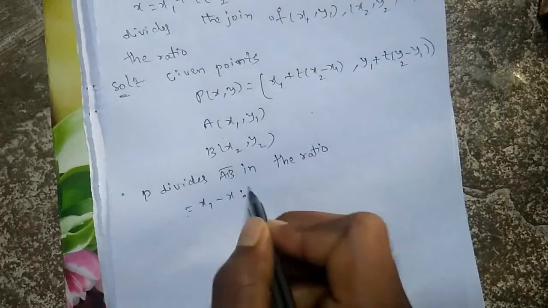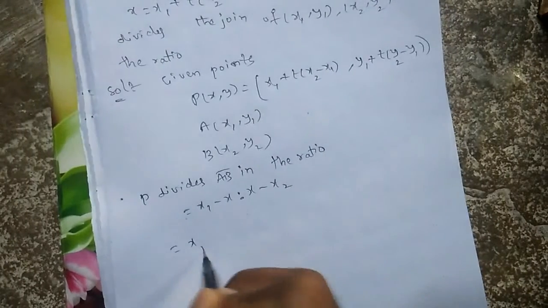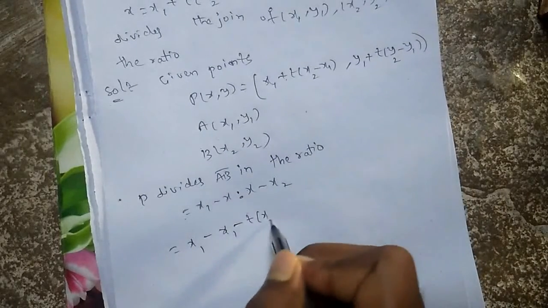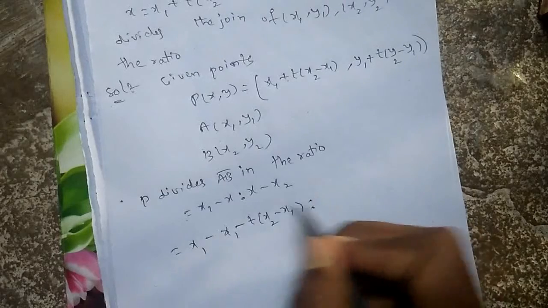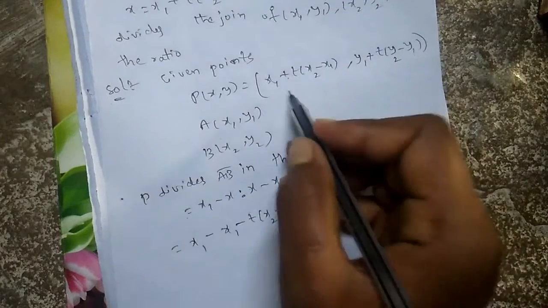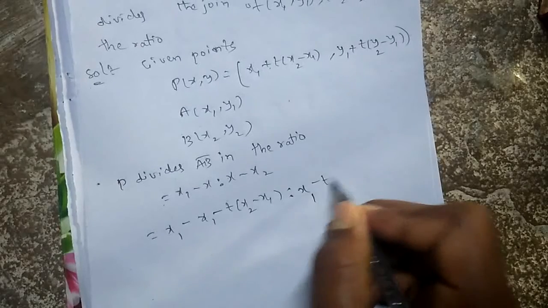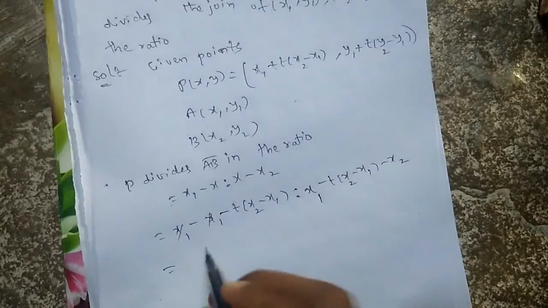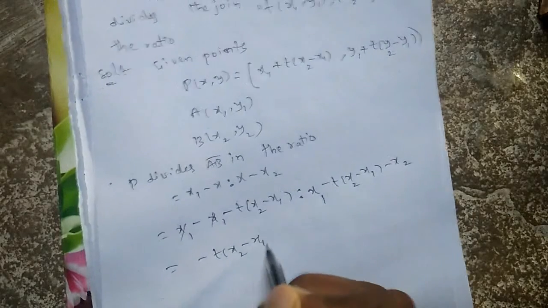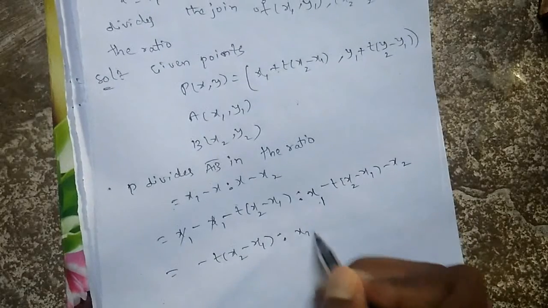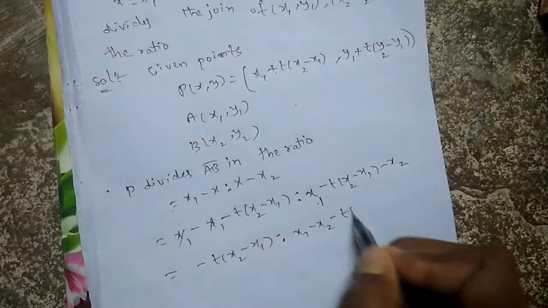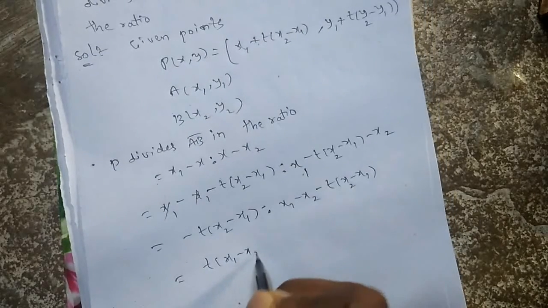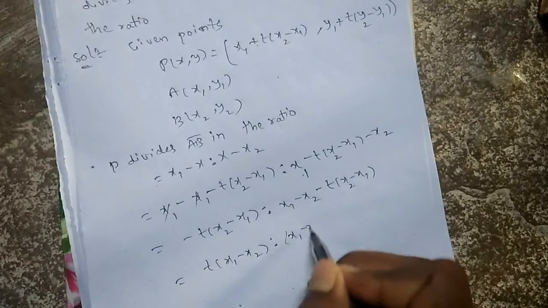x1 minus x is to x minus x2. That is, x1 minus x is x1 minus t(x2 - x1), and x is x only, that is x1 + t(x2 - x1) minus x2. Here x1 gets cancelled, minus t(x2 - x1) is 2. This is x1 minus x2 minus t(x2 - x1). This is t(x1 - x2). Here take (x1 - x2) common.